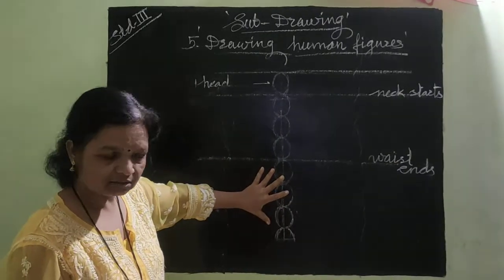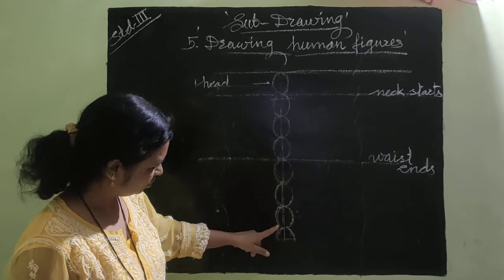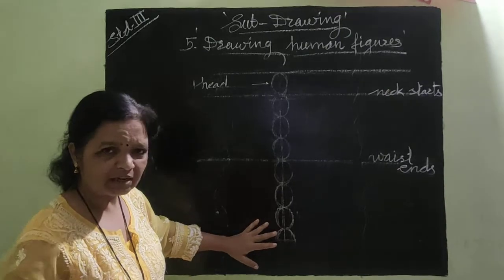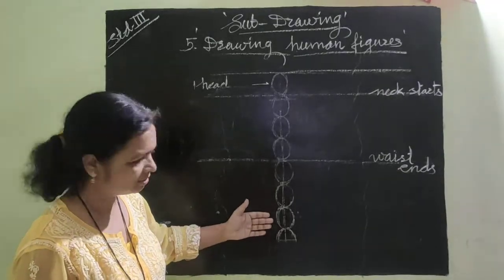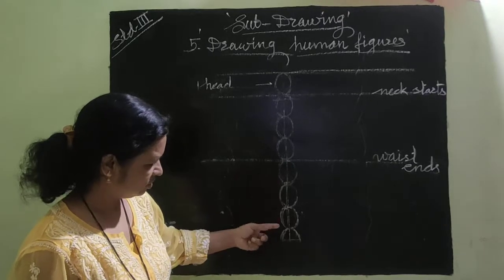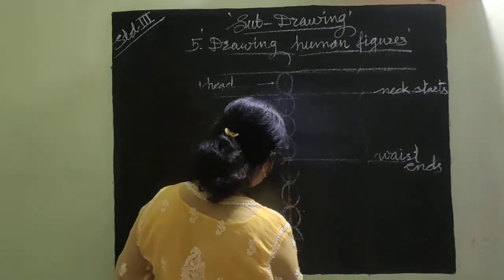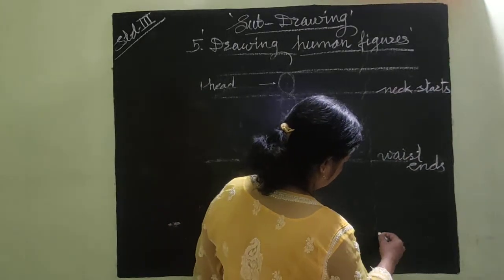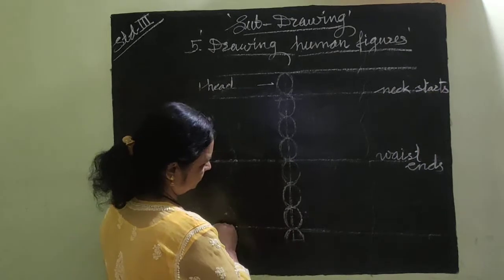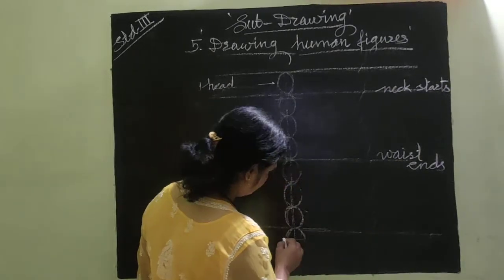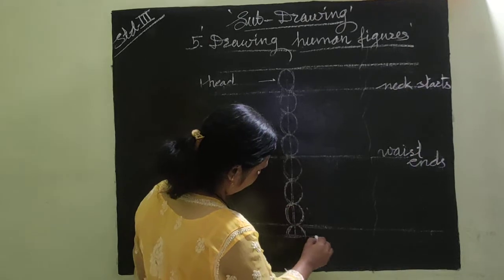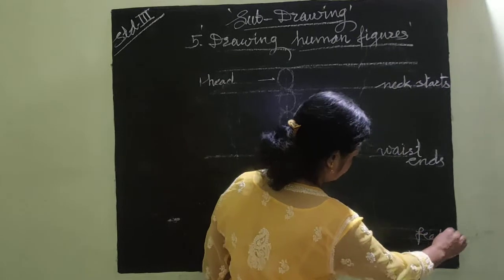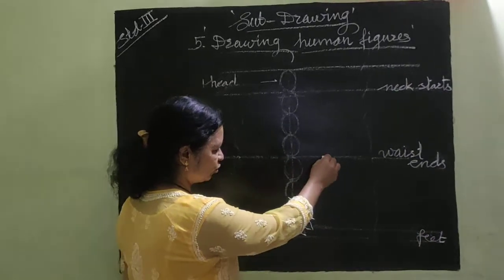Again we have here 3 ovals and a half one. So this much is the remaining part of our body, means legs only. 2 legs we have, you know. So this is the part of 2 legs, this much. And this half oval is used as feet. This is the leg portion.